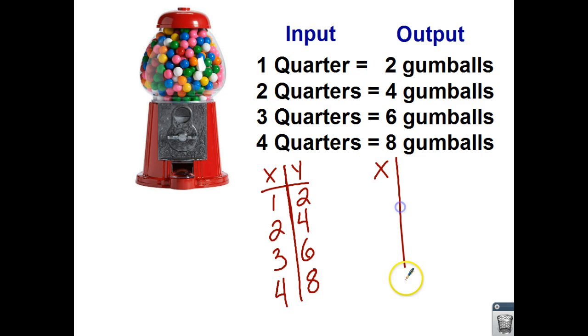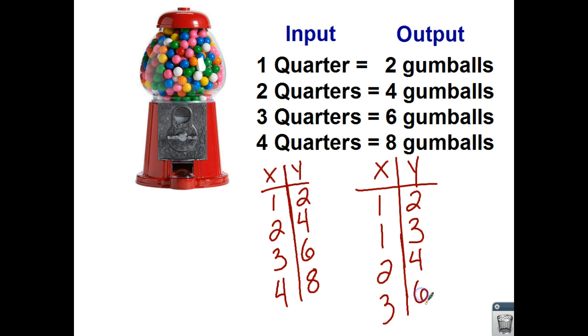Let's say I happen to go to the same gumball machine and I put 1 quarter in and I get 2 gumballs. The next day I go back to the same gumball machine, I put a quarter in and I get 3 gumballs that come out. 2 quarters, 4. 3 quarters gets me 6. So what happened here?